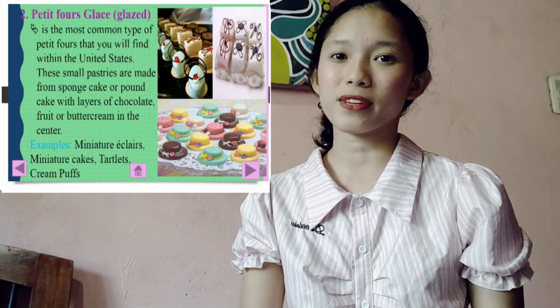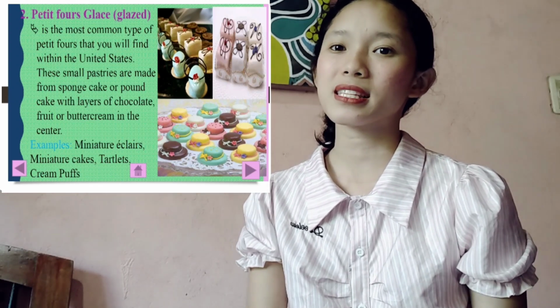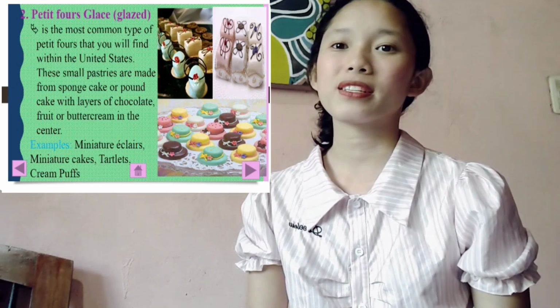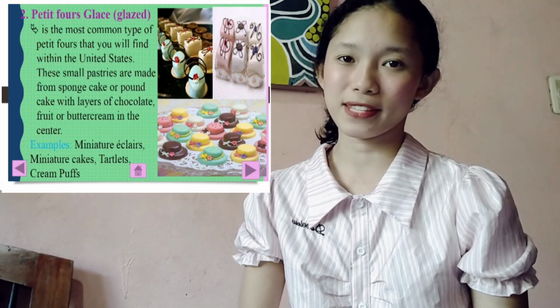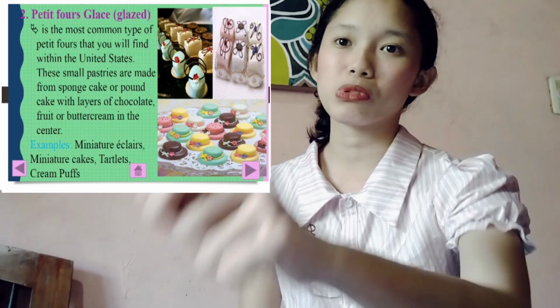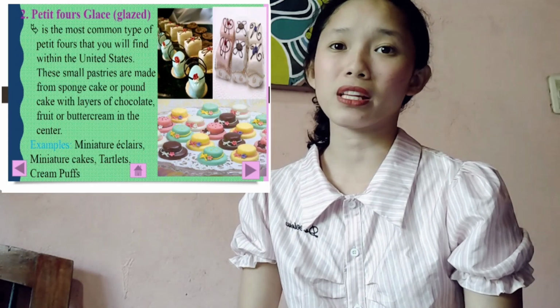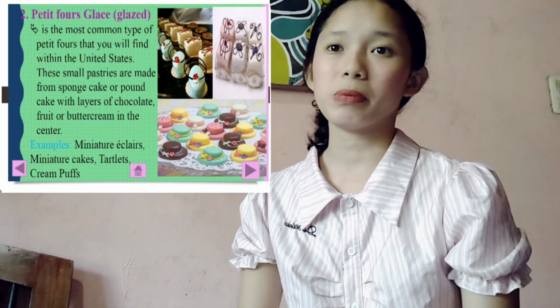Okay, we have a lot of examples. Some examples are miniature cakes, miniature eclairs, tart glacé, and cream puffs. It is glazed since we use some liquid icing or liquid chocolate to glaze the Petit.